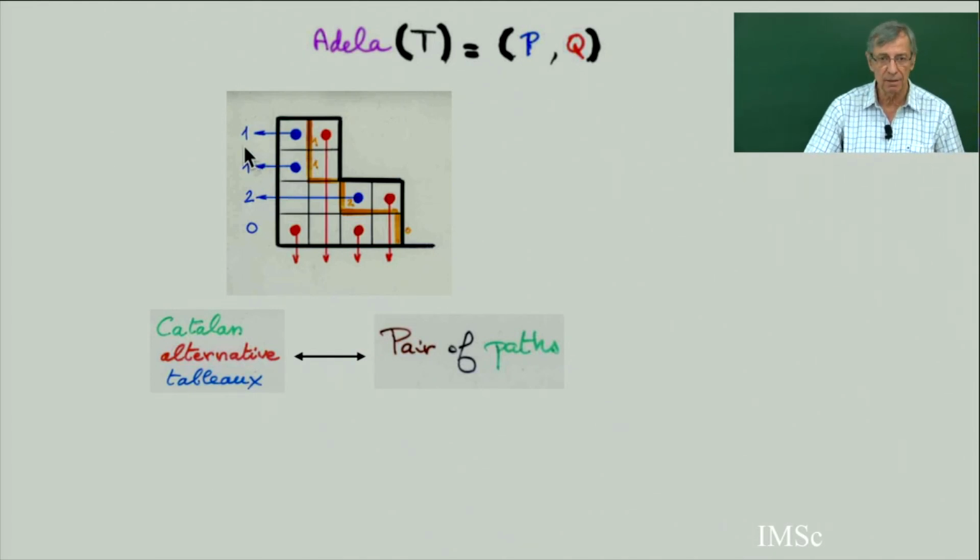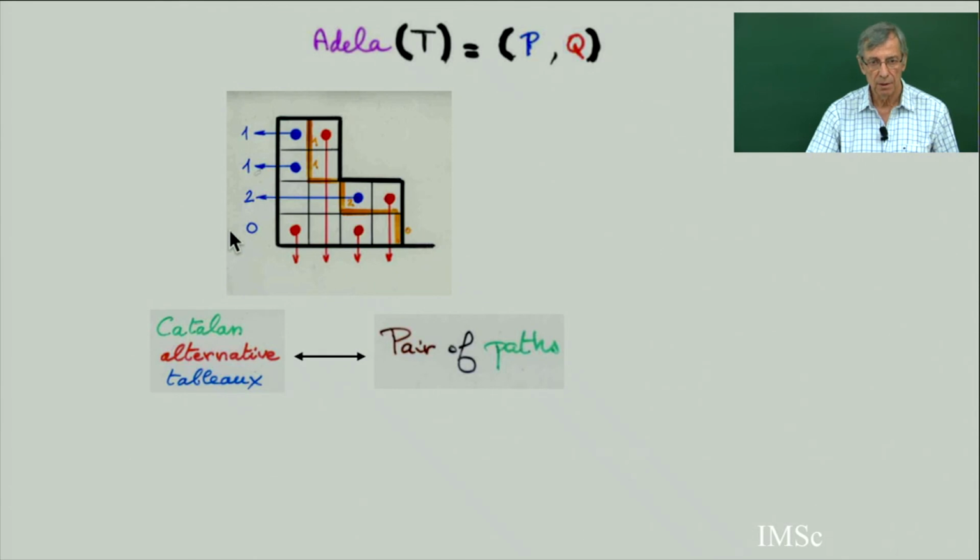In that case, you see here a Catalan alternative tableau, and the blue vector is characterized by the fact that if you put some vertical edges in the tableau, in each row, the distance of these vertical edges in yellow to the east border is equal to this blue number. See, the distance between these two edges is 1. The distance between these two edges is 1. Distance between these two edges is 2.